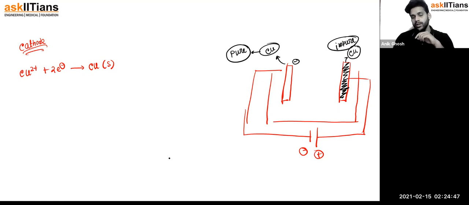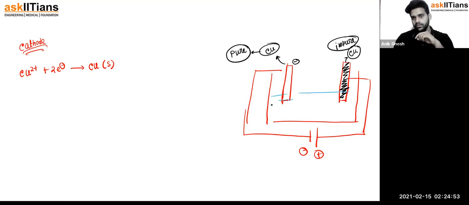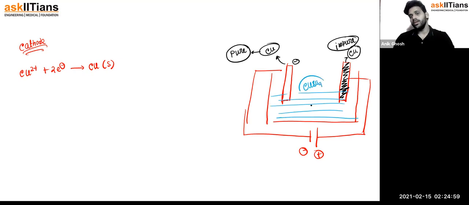Now, if you just use the copper sulfate solution, it would first break down into Cu2+ and SO4 2-.